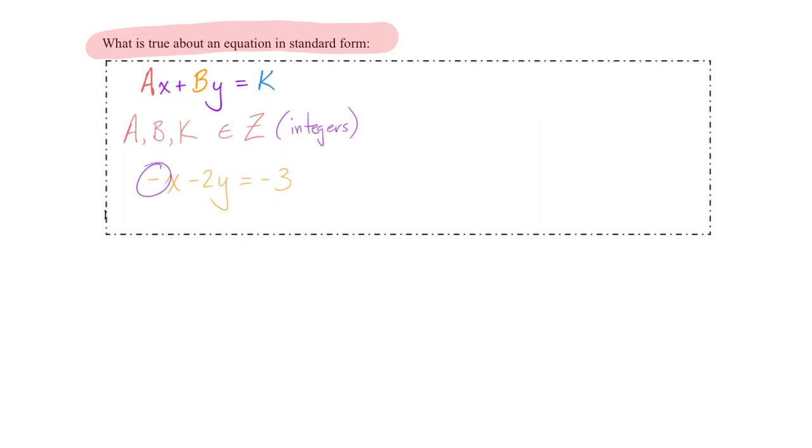Remember, to be in standard form, my leading coefficient has to be positive. So I need to make a restriction on the value of A. It's not just that A is an integer, but that A has to be greater than 0, a positive.